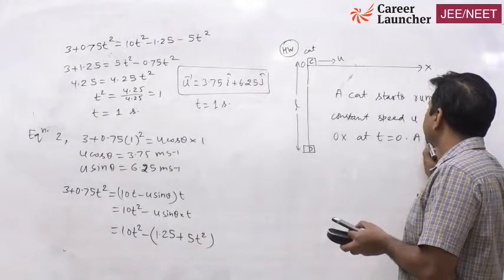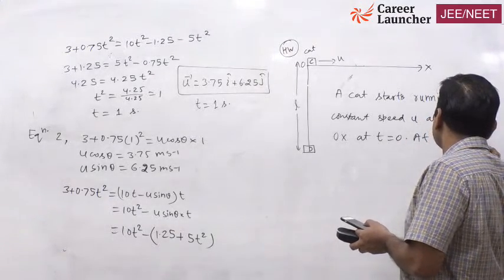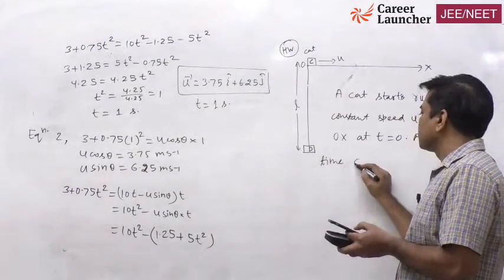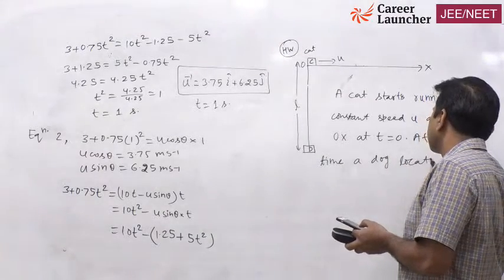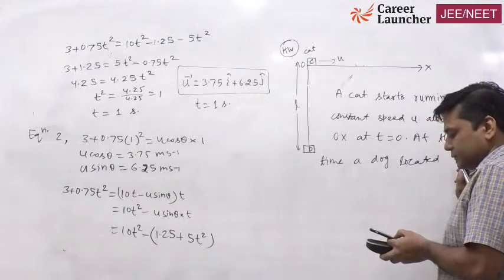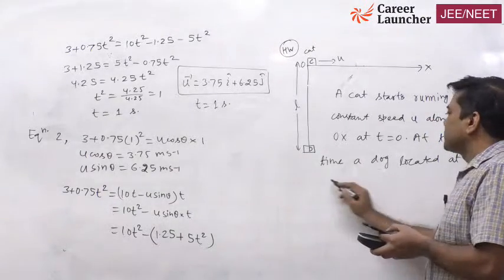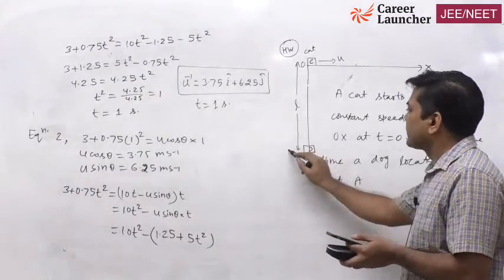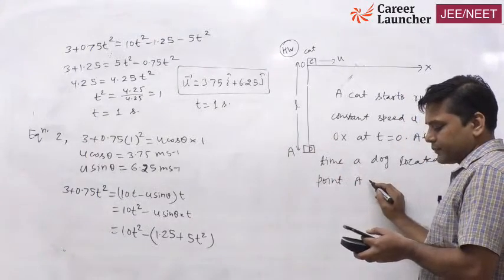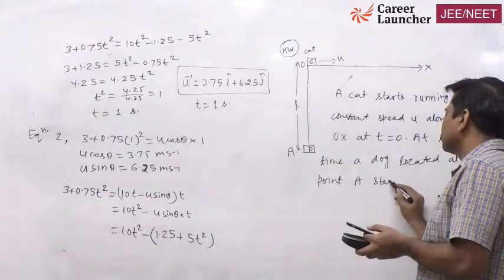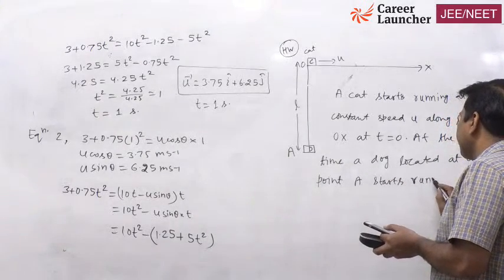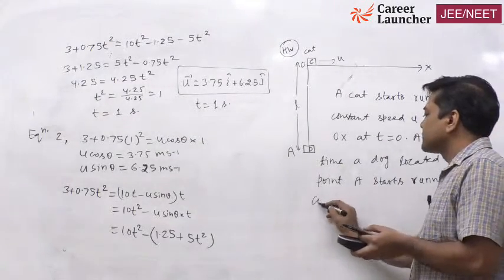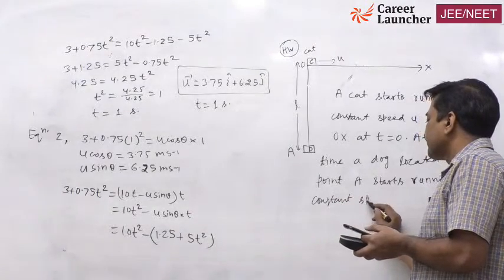At the same time, a dog located at a point A, this is A, starts running with constant speed v.